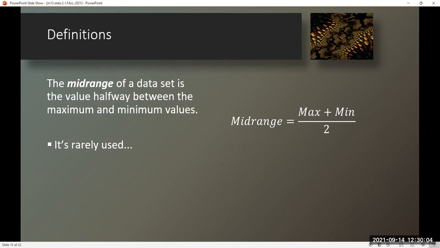You find the maximum number, you find the minimum number, you add them together and you divide by 2. Some of you may recognize that formula as essentially the same formula we use to find the point in the middle of a class of data in a frequency distribution back in chapter 2. Same type of formula, does the same thing.